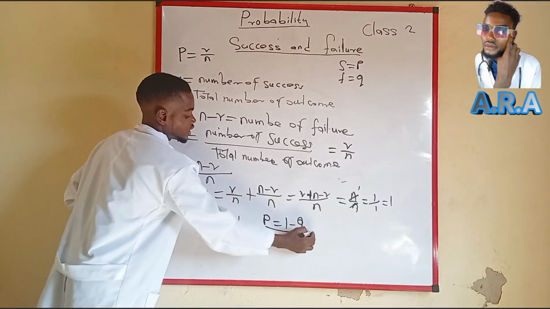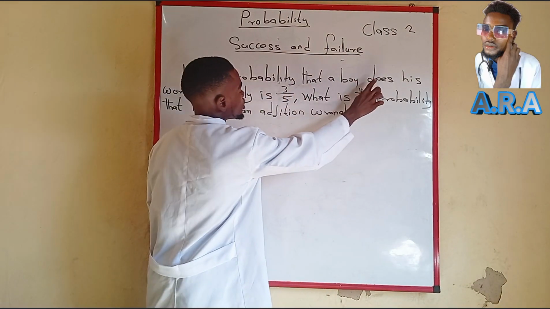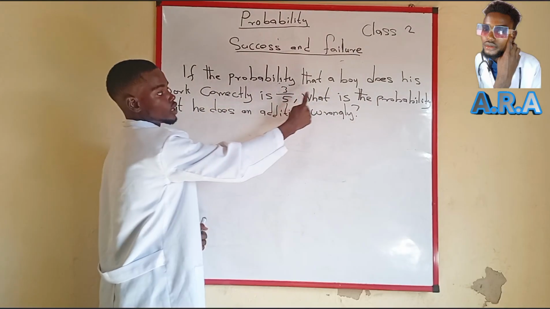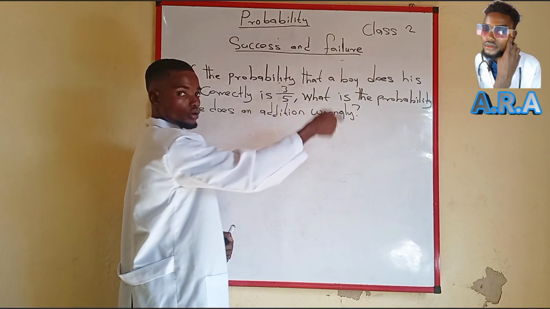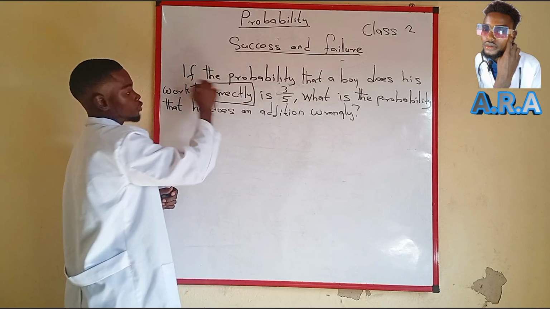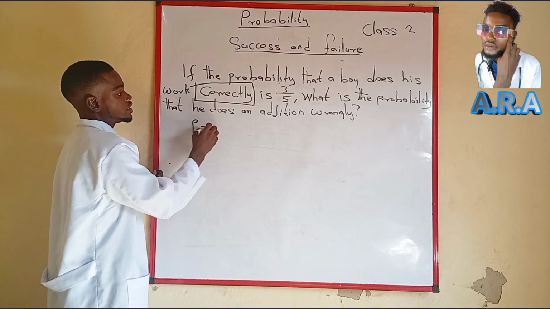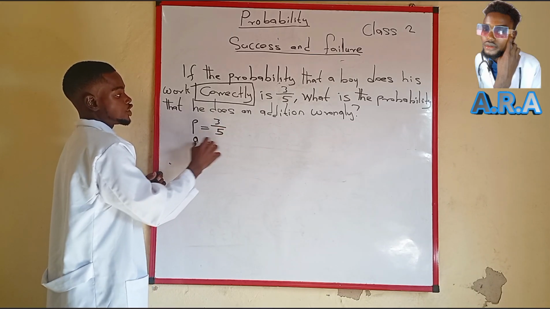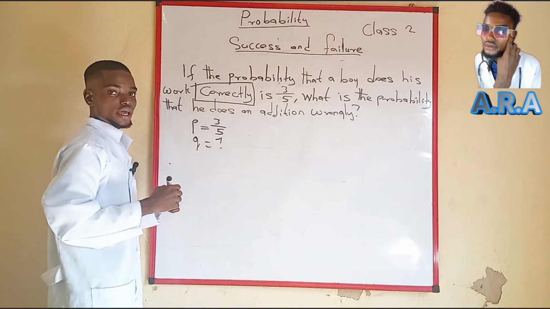All right, let's look at an example. We have that if the probability that a boy does his work correctly is 3 over 5, what is the probability that he does it wrongly? So if you look at correctly, it's showing us the success probability, so P, which is the success probability, equals 3 over 5. And Q, which is the failure probability, is what you are looking for in the question here.